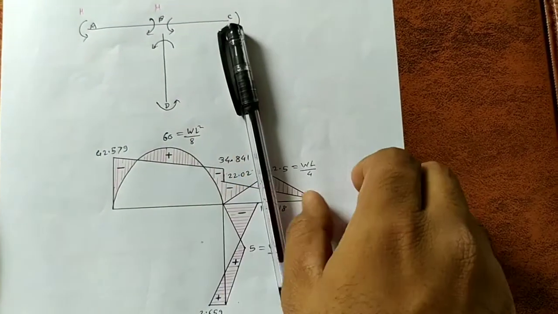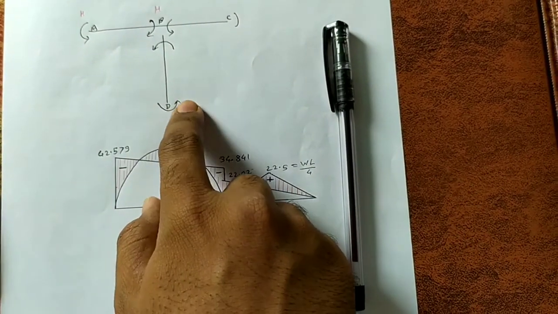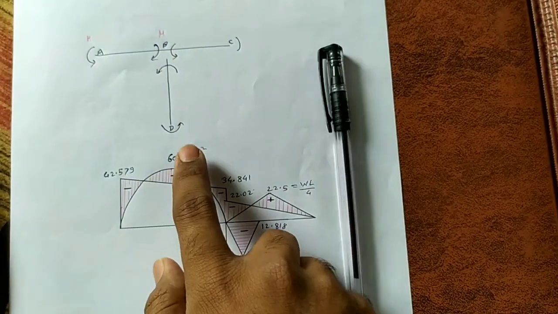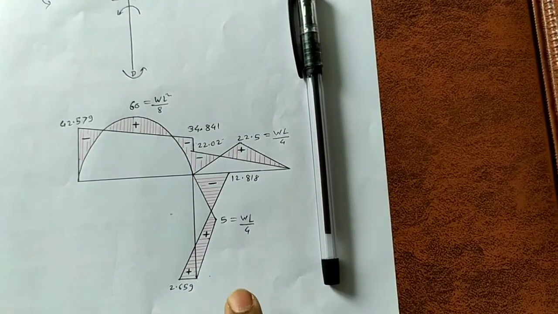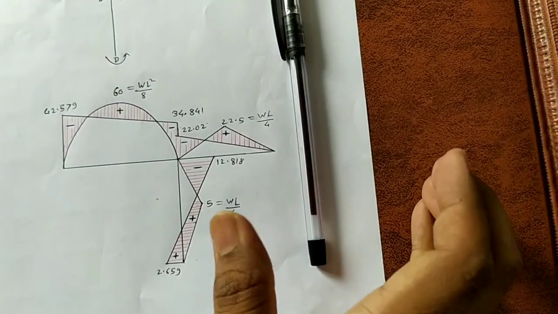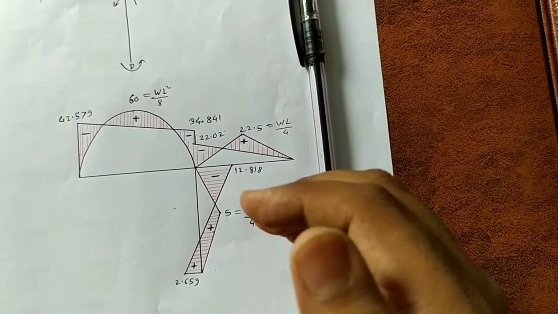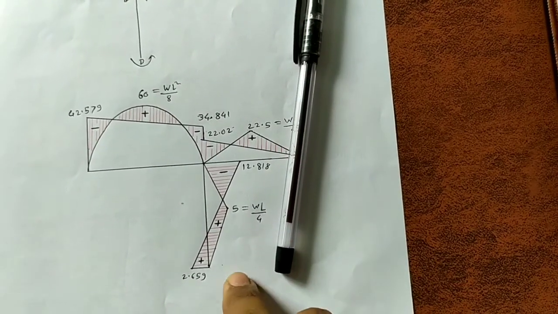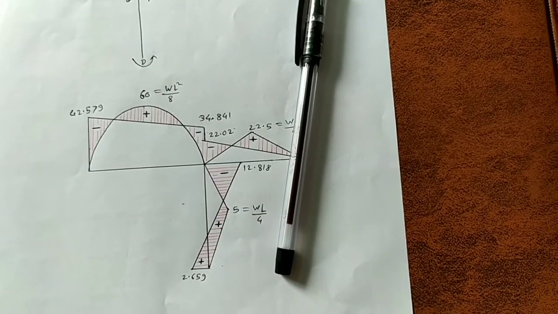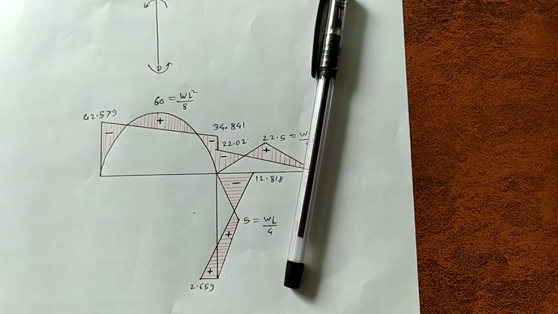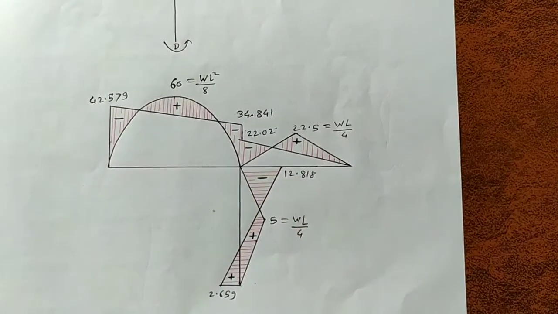Next, this moment is MDB, so MDB is pushing on this side, that's why I've drawn the diagram on this side, simple. So this is the complete bending moment diagram.